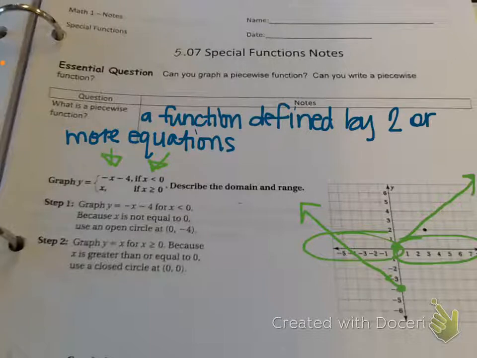Now, this first equation says x is less than 0. So I have to have an open dot on the negative 4 because x doesn't actually equal that 0. So the negative 4 has to have an open dot. But because of this equal sign here, I have a closed dot on the graph of y equals x.